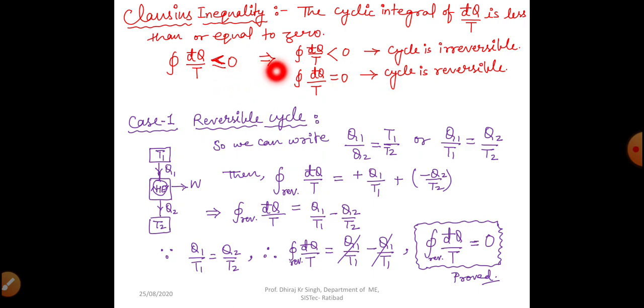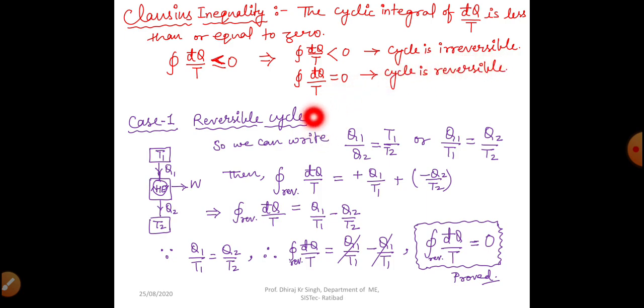So what are these two cases? The first case is when the cyclic integral of del Q by T is less than 0, then the cycle is irreversible. And when del Q by T is equal to 0, then the cycle is reversible. That means when the ratio of heat transfer and temperature becomes equal to 0, the cycle is known as a reversible cycle, and when that ratio becomes less than 0, the cycle is known as an irreversible cycle.